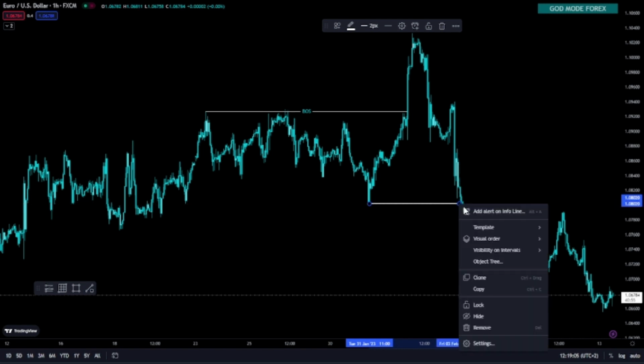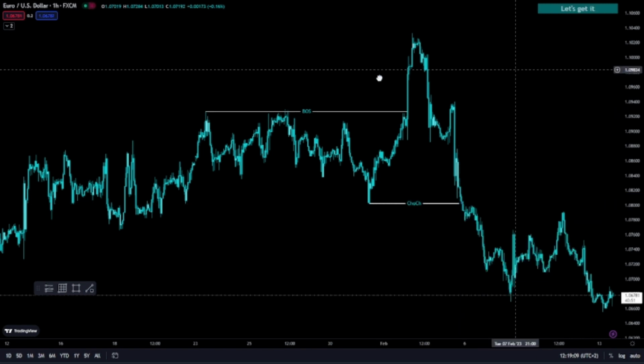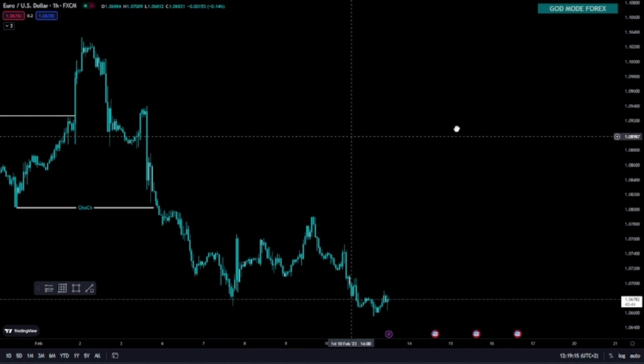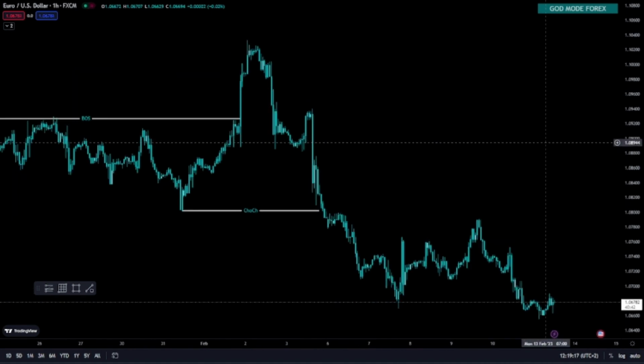When we had this change of character, it was an indication to us that we are now changing trend and that we might be going to the downside, meaning we might now be on a bearish bias and a bearish move.